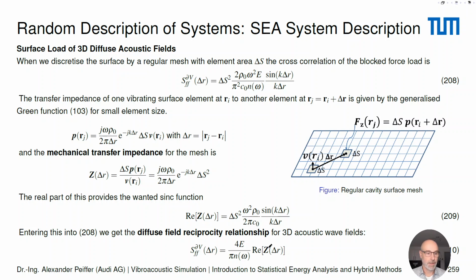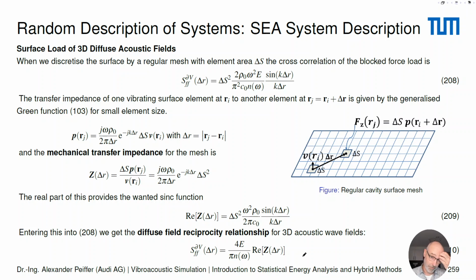That means a very complex term that has to be calculated by many statistics of several waves can now be given by a relatively simple expression: energy, modal density, and the radiation impedance.